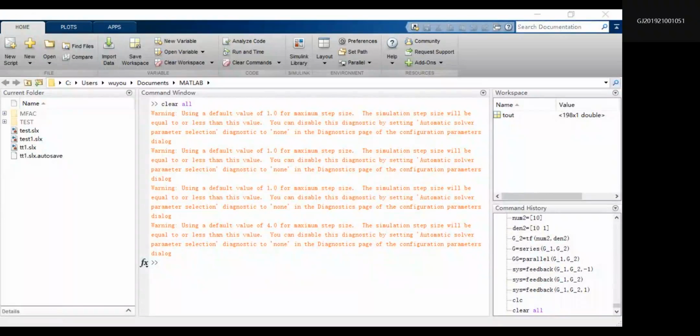As time tends to infinity, the whole system gets stable and has a limit, right? And the final value is less than 500. So the accuracy is not that good, because we want the target to be 500, but finally it is still less than 500, with an error.